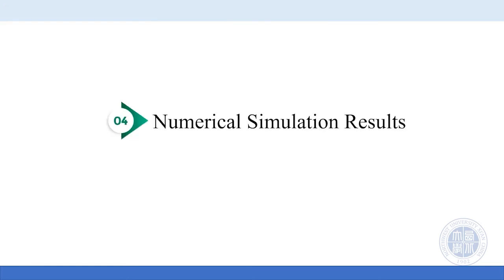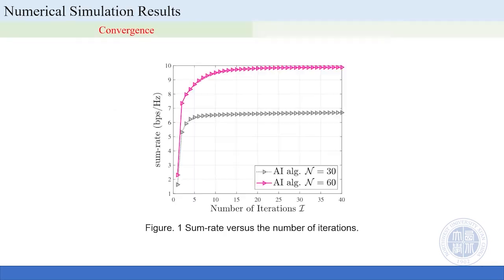In this part, we provide some numerical simulation results to indicate the convergence behavior and performance gains of the proposed alternating iteration algorithm. As shown in Figure 1, we show the sum rate achieved by the proposed alternating iteration algorithm under different numbers of phase shifters.